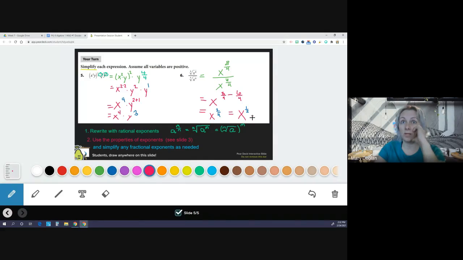I want to get rid of any fractional exponents, that should be the last step, and I'll add that in. So this is just going to be finally, the square root of x.